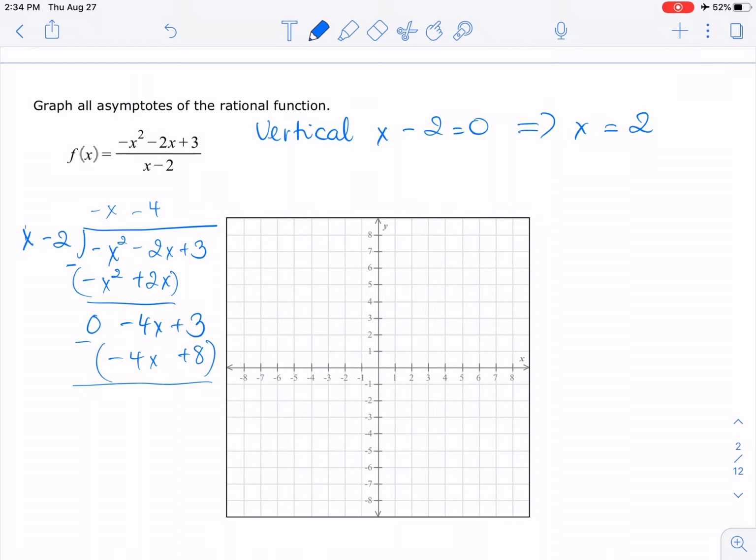I subtract, so I get 3 minus 8, so it's negative 5.